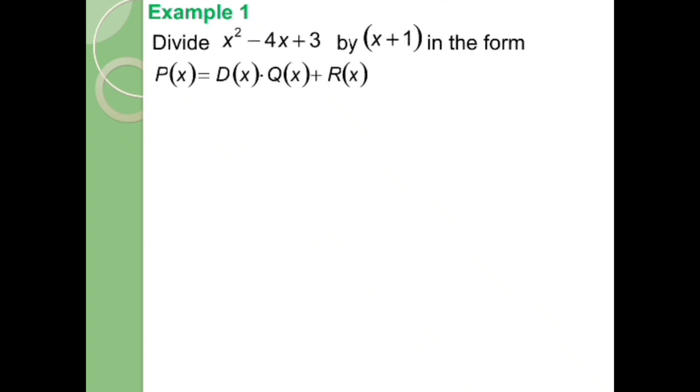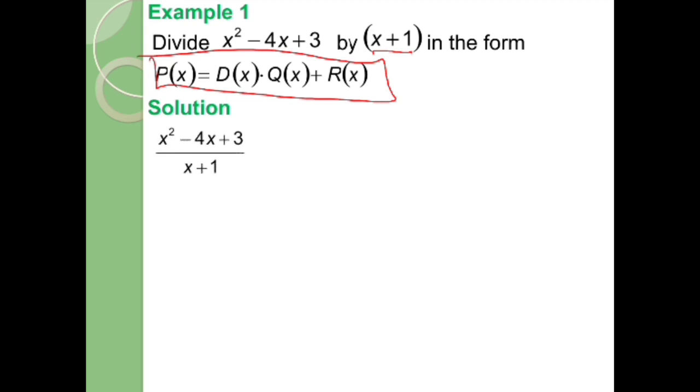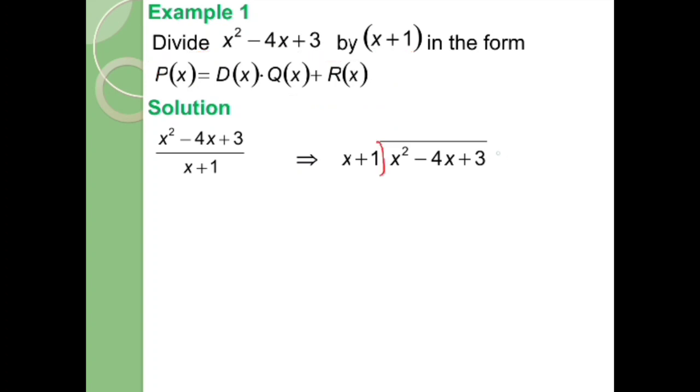Look at example 1. We try to divide the polynomial by x plus 1, and then we want to write in this form. The first step is to write in the long division form. Remember to write the polynomial here and then the divisor outside.